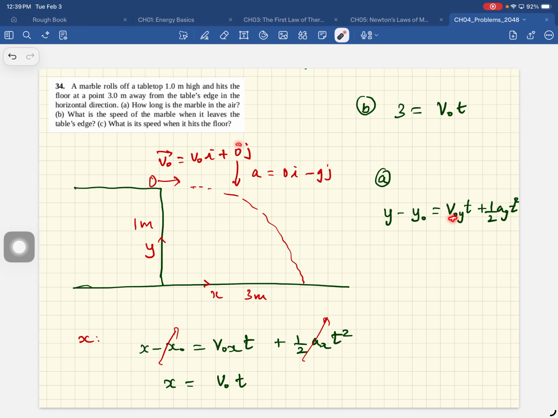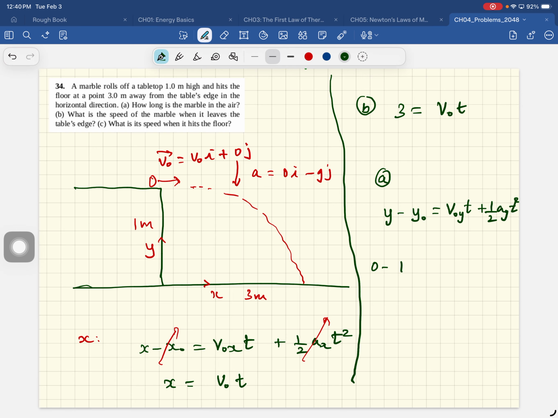Initial y component of the velocity, which is 0. a y is minus g. So 0 minus 1 equals 0 plus 1/2 times minus g times t squared.